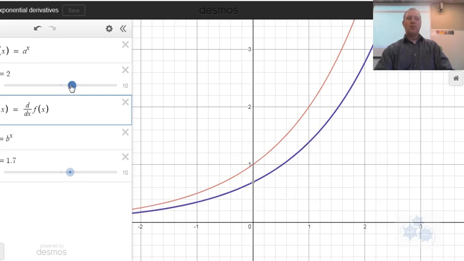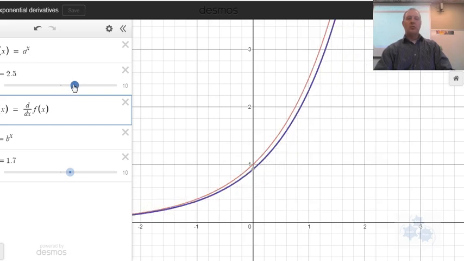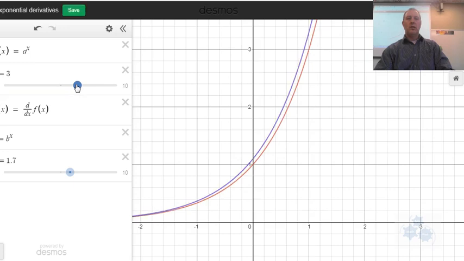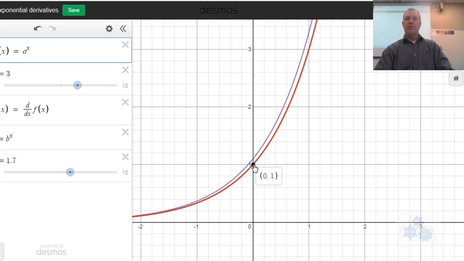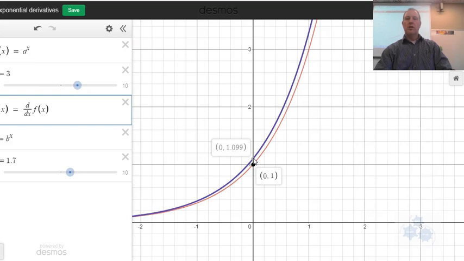If I move this up to 3, look at, here's 3. There's 3. So each value, so here at 1, 0, right? The value for its derivative should be about 1.098 or so above. Well, look at that, 1.099. You see that? So the derivative of y equals 3 to the power of x is almost the same as the original function.